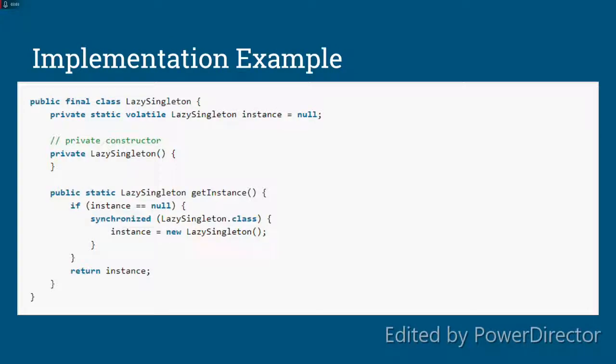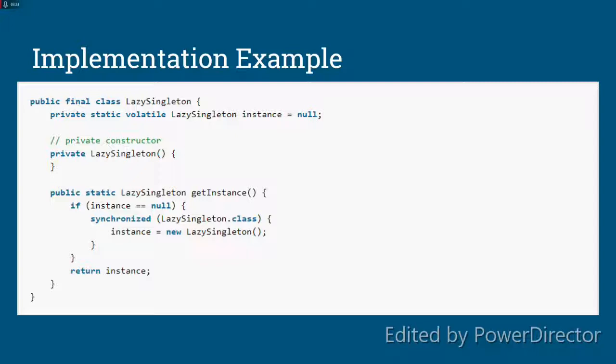Here is a coding example of the singleton implementation. So as you can see, this is a lazy singleton instantiation. You can see that its class is public and that its instance, or the state of the singleton, is private.